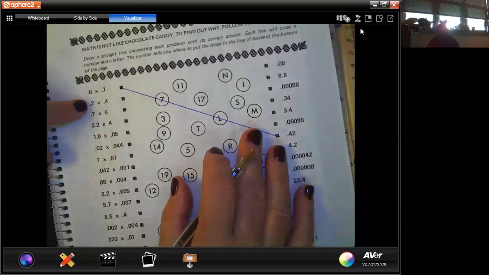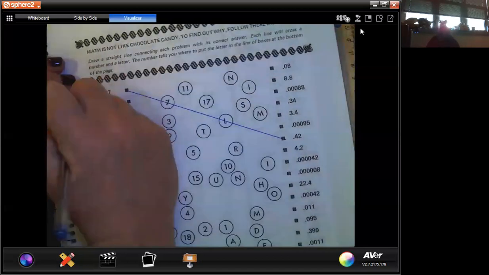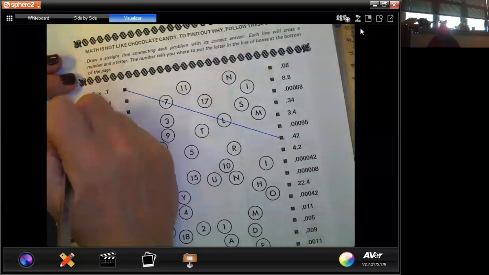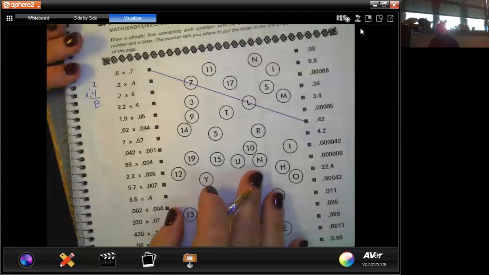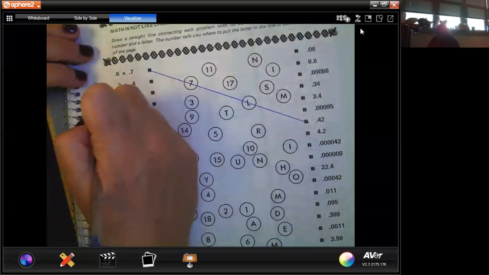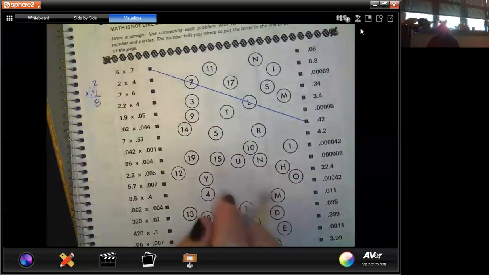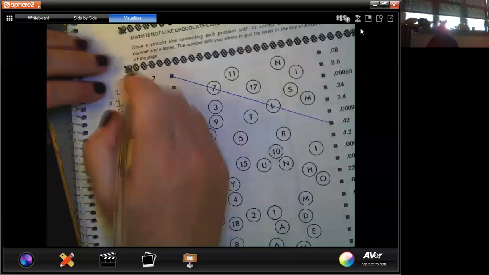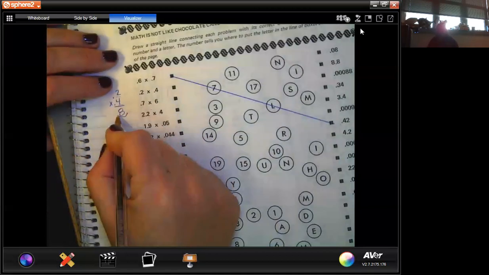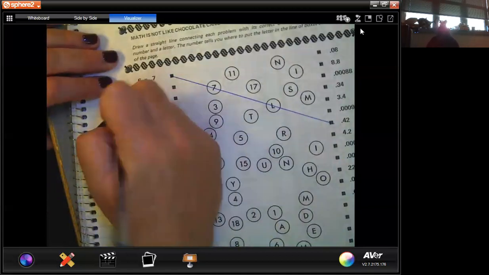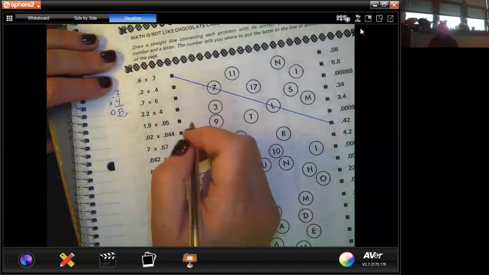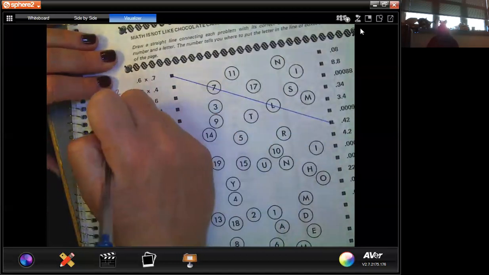Then you move on to this one. Solve this one. So 0.2 times 0.4. 2 times 4 is 8. Uh-oh, look at this one. There are two numbers to the right of the decimal, so you have to move it over, but there's no other number there. Well, you add a 0. So you move it over 2 times.